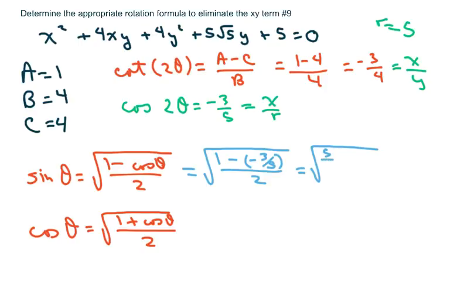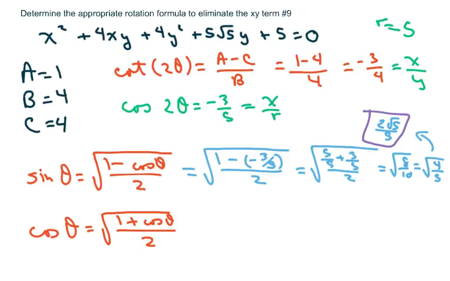So it'll be 5 over 5 plus 3 over 5, over 2, which equals the square root of 8 over 10, which equals the square root of 4 over 5. And when you simplify that, you get 2 square root of 5 over 5. That's what sine of theta would be.